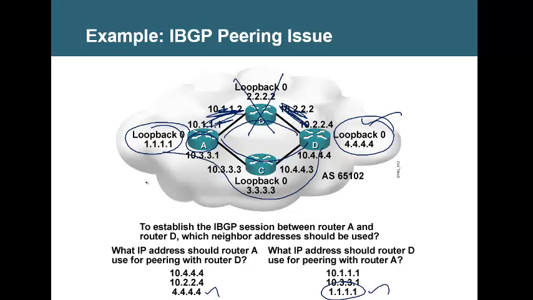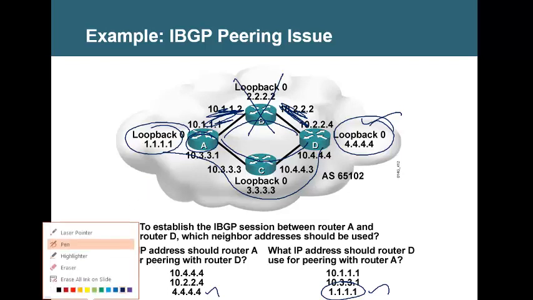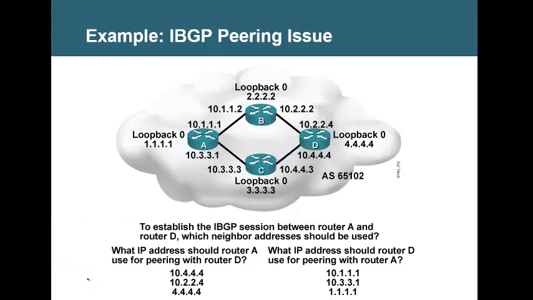So we have to use the loopback interface IP address as the neighbor to form peering, instead of the physical interface address, whenever we have redundant paths. This is the best option.